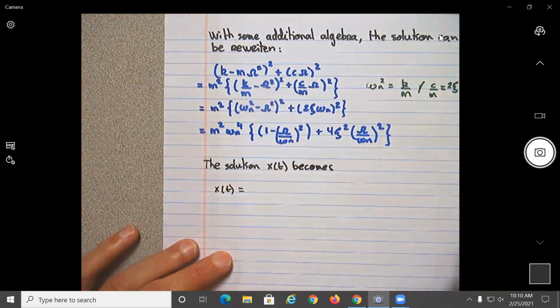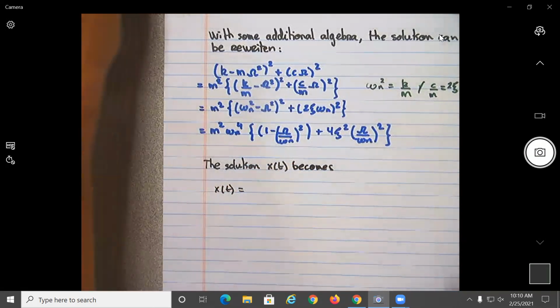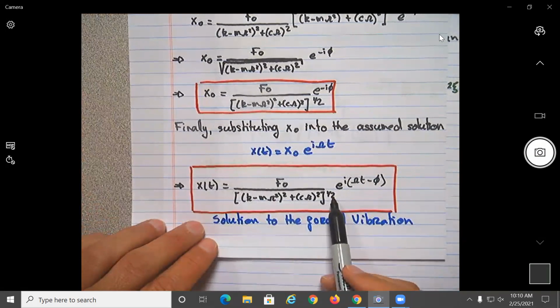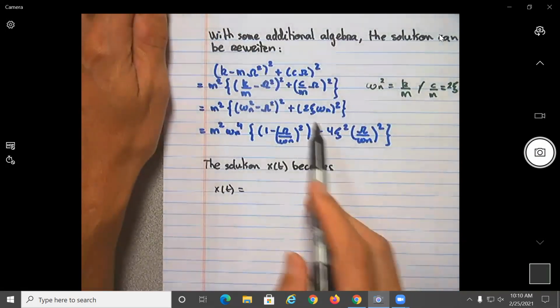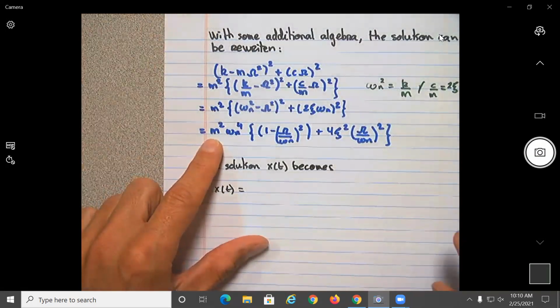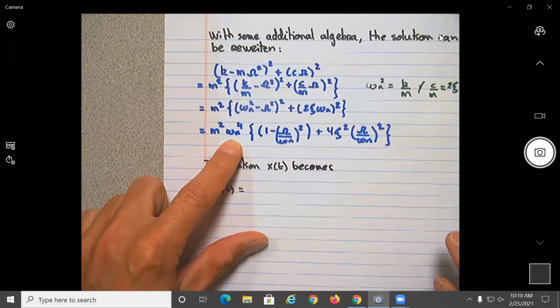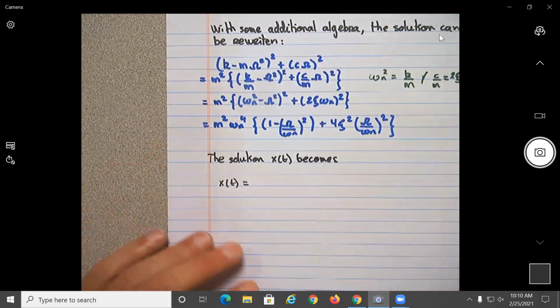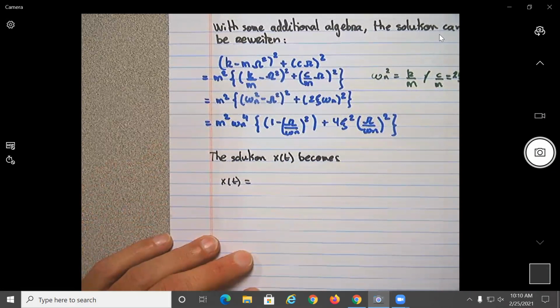Be careful here because we need to take the square root of this one, no? And here we did not take the square root. So that means that we have m omega n squared, no? Okay, so that you are not confused now when I write.